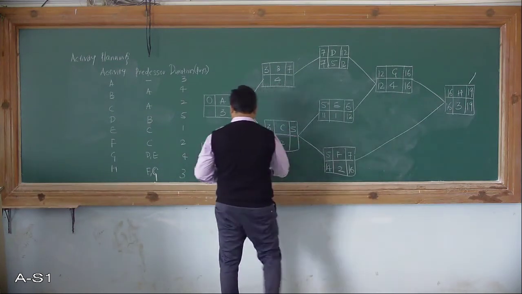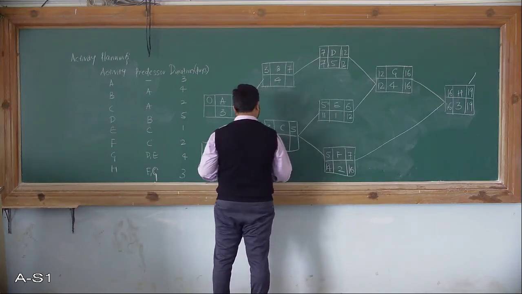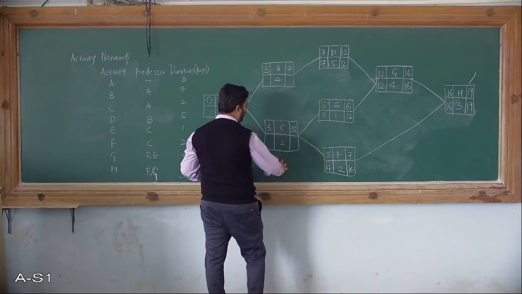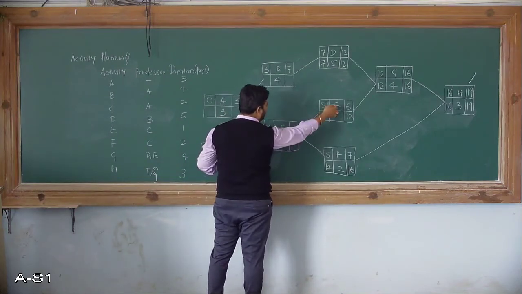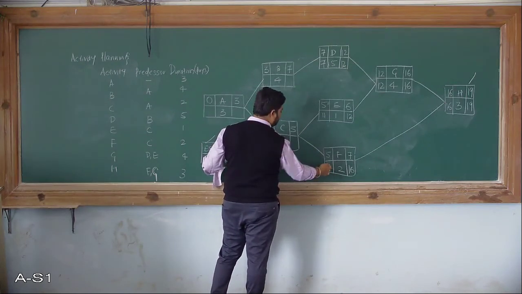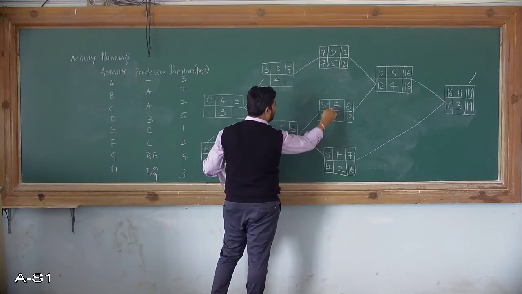Now you can observe that C depends on two different nodes, E and F. The late start for activity F is 14 and the late start for activity E is 11.